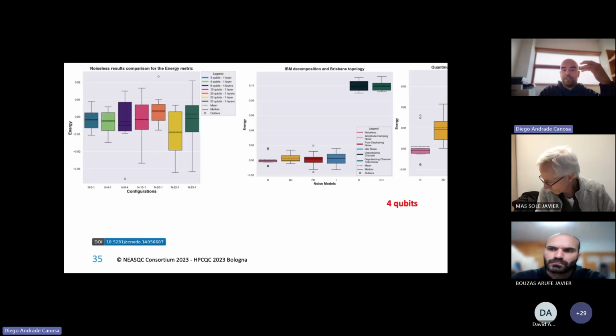A perfect example is the parent Hamiltonian. In the parent Hamiltonian, we produce the corresponding parent Hamiltonians to a given size of the ansatz, but obviously at that point, the computational requirements to produce the parent Hamiltonians are increasing. So this is going to be a problem in the future when we have a significant number of qubits. But in general, I believe, or we believe, that the classical pre-processing and the classical post-processing is going to be a big problem for quantum computing in general, not just for this benchmarking methodology.